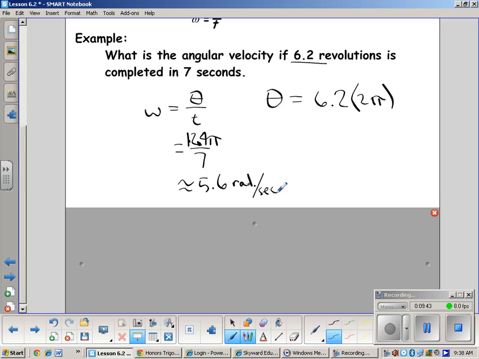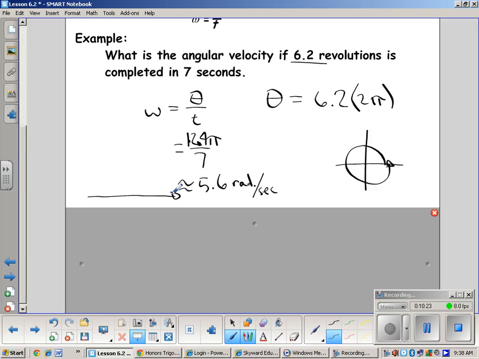And so what that's saying is I'm rotating through my circle at a rate of 5.6 radians per second. It has nothing to do with how fast I'd be running along a line. It all has to do with how fast I'm going through those angles. 5.6 radians per second.